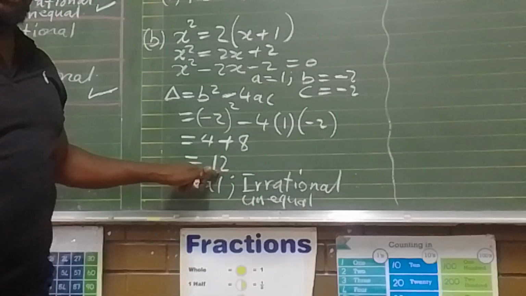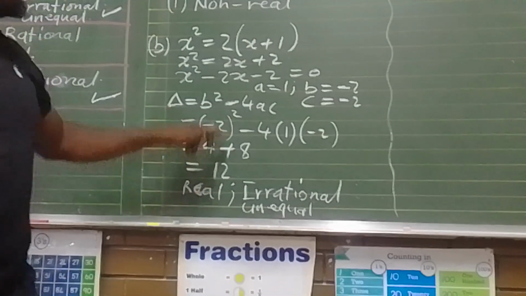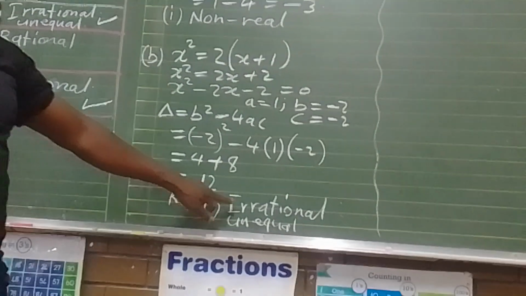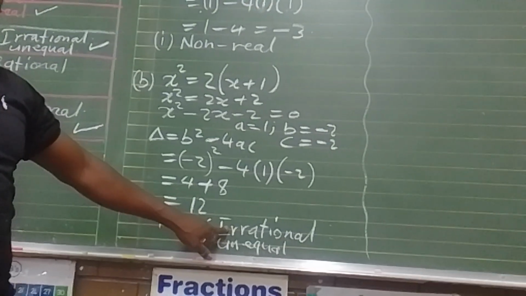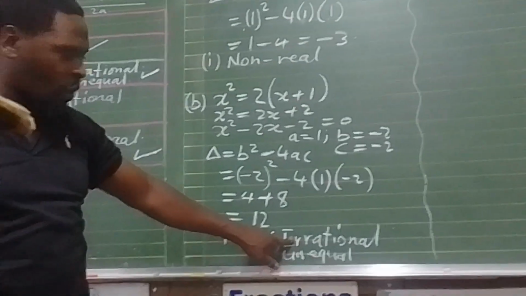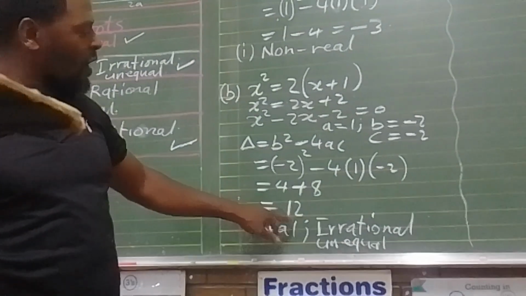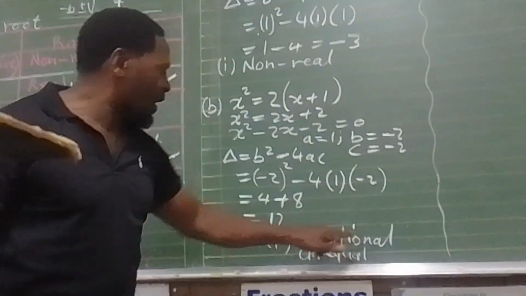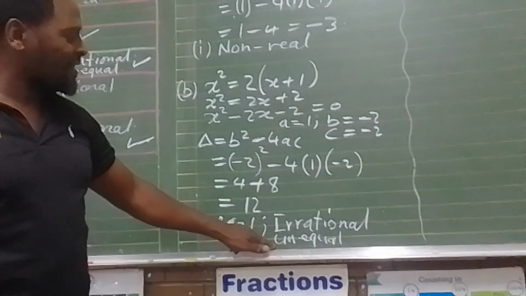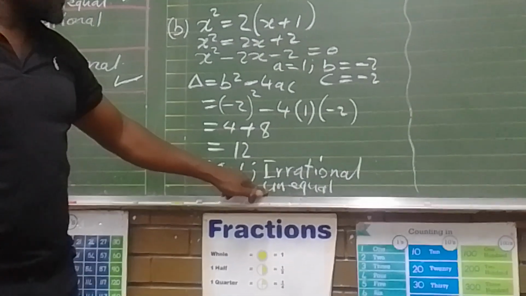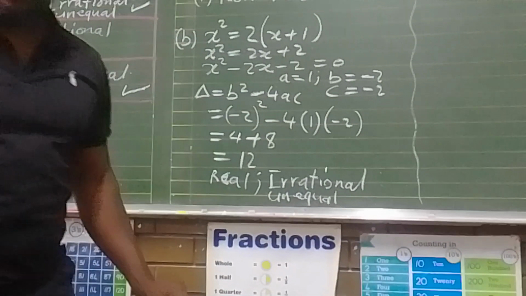Once it is not equal and it is not a negative number, then it is a real number, and depending on the nature of that number, if it is a perfect square, it is going to be rational. If it is not a perfect square, it is going to be irrational. If it is 0, it is equal. If it is not 0, it is unequal.